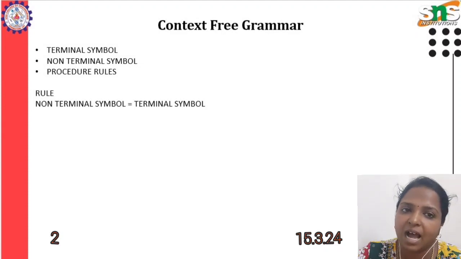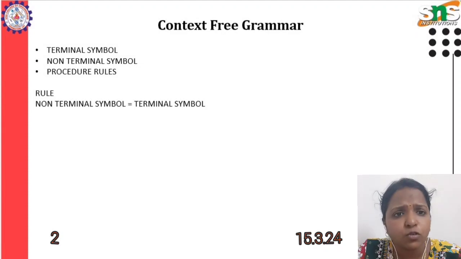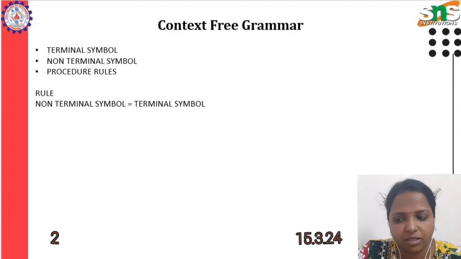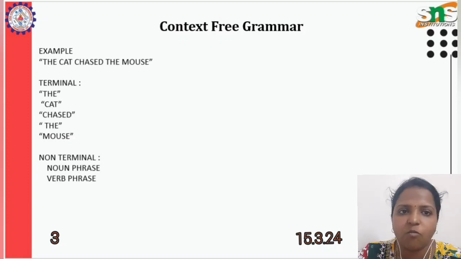Then the last thing is the production rule. You have the set of rules and regulations to be followed to frame a valid sentence or phrase. In the previous video we discussed this in depth, and I said I would give you an example and apply the rules to check whether the sentence is valid or not.